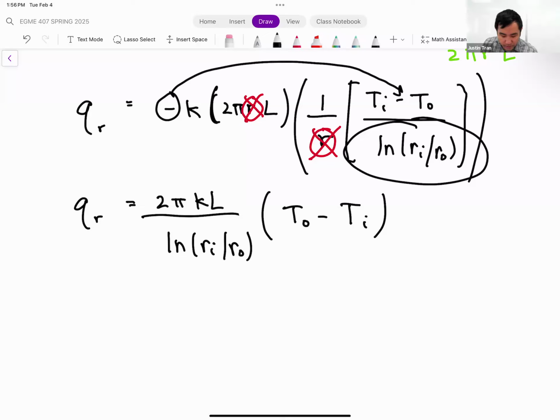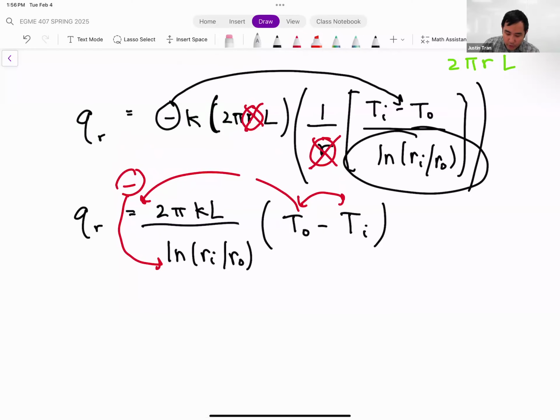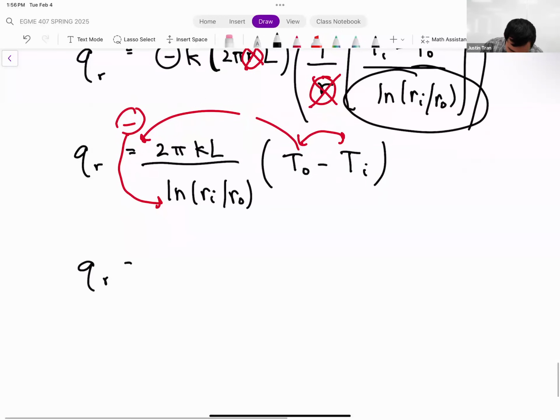Actually, I apologize. I'm going to swap these terms as well. So I'm going to do a double swap here. I'm going to swap the order of these two, so I'm going to have a Ti minus To. That's going to bring another negative out in front here. So I'm just undoing the reversal I did. The negative actually needs to go on the logarithm. So the top here is going to become Ti minus To, and the bottom, instead of ln of Ri divided by Ro, is now going to become ln of Ro divided by Ri.